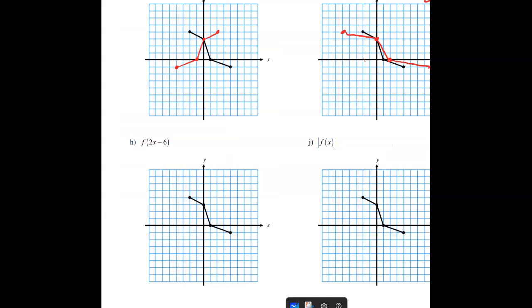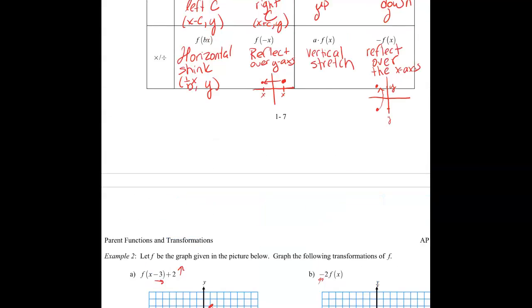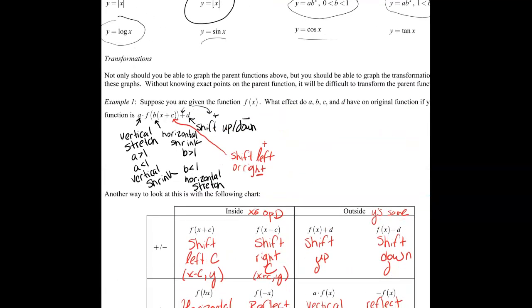Moving on to the next one, we've got f of 2x minus 6. So the first thing that we have to remember before we even start transforming anything is that I've got a 2 out in front of this x, and I need to rewrite it like I had way up here, which is having that b technically out in front of some parentheses.